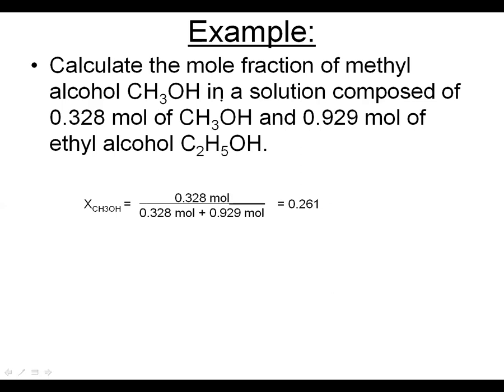And at this point, if we wanted the mole fraction for C2H5OH, we could do the same deal. We could do 0.929 moles divided by what you got there on the bottom, 1.257 moles. And that would give us our mole fraction.